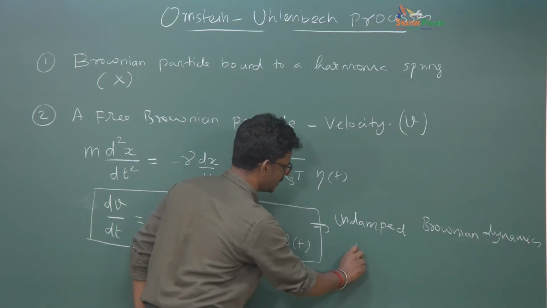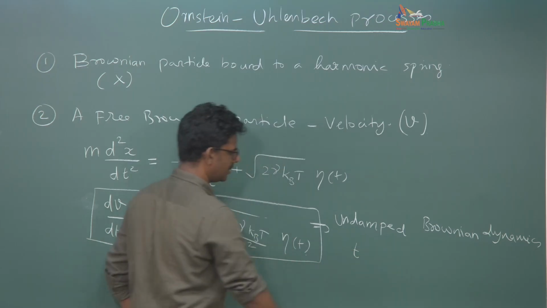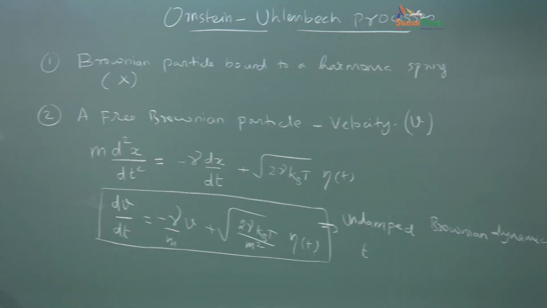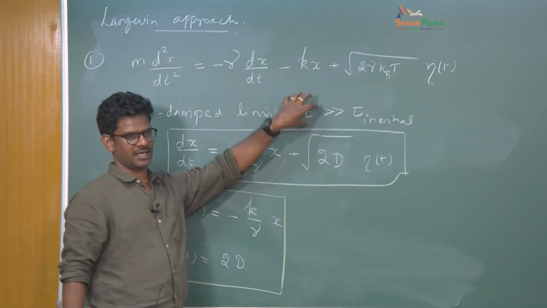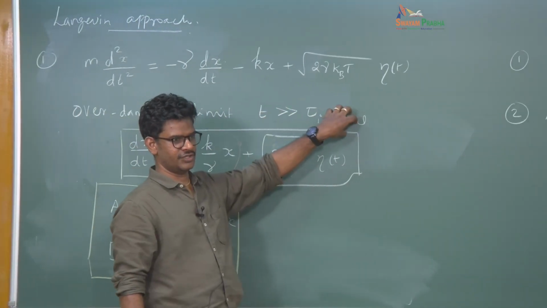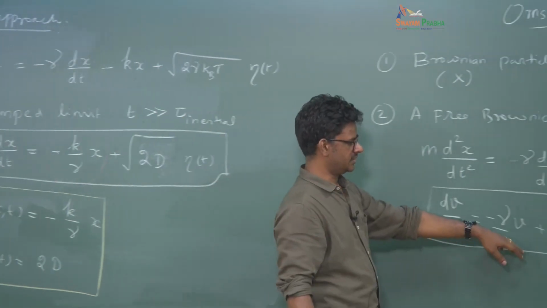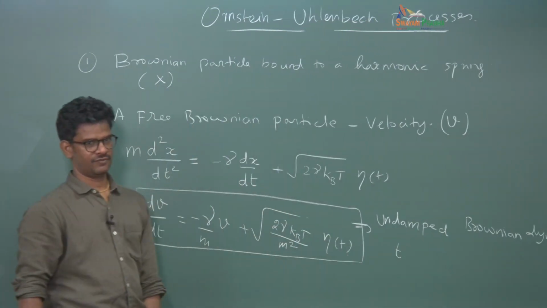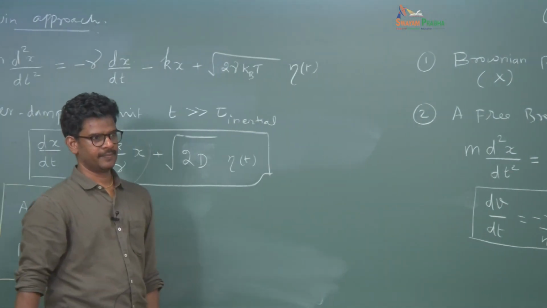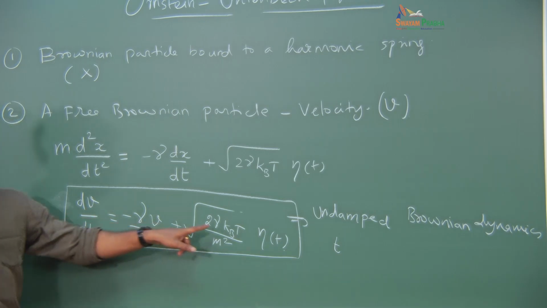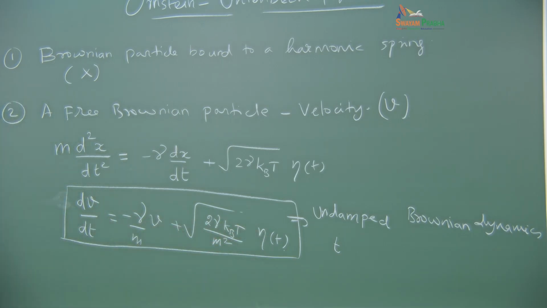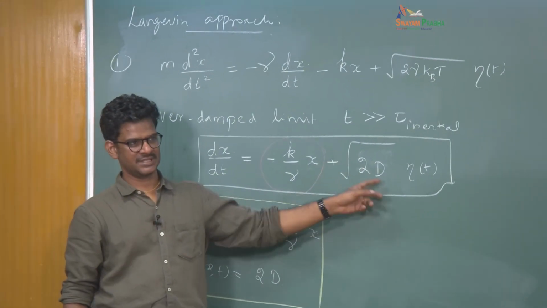meaning that this equation is actually applicable for all times. Okay, whereas here we said it is overdamped, it is only applicable for time larger than the initial time. Here this equation is applicable for all times, for t even less than or equal to t inertia. So now if you think about v here as a random variable, so here we had x, the position, as a random variable, as a stochastic variable.